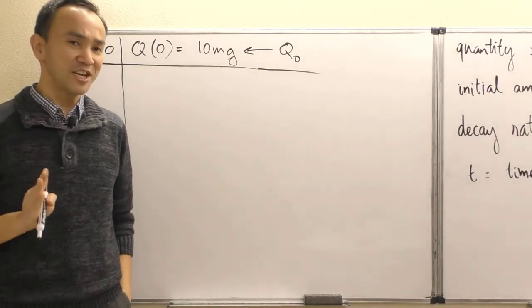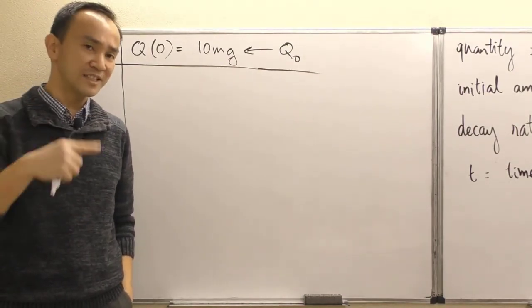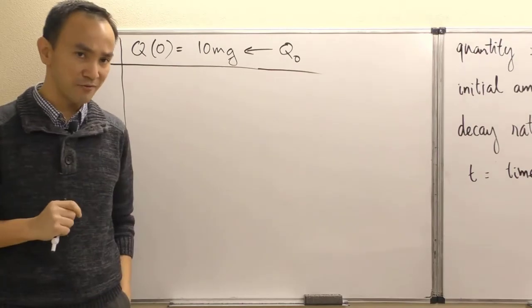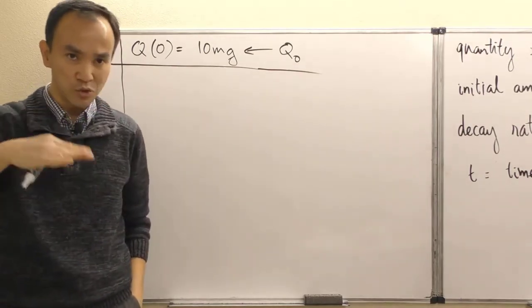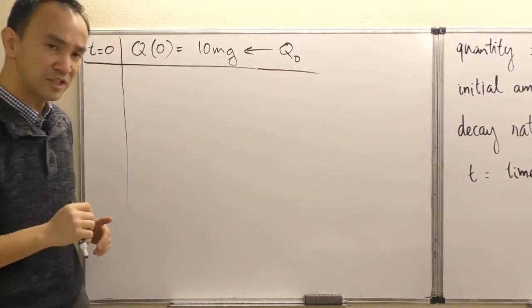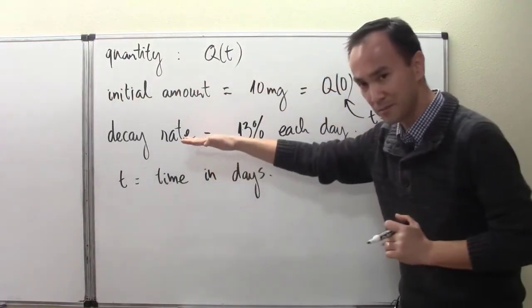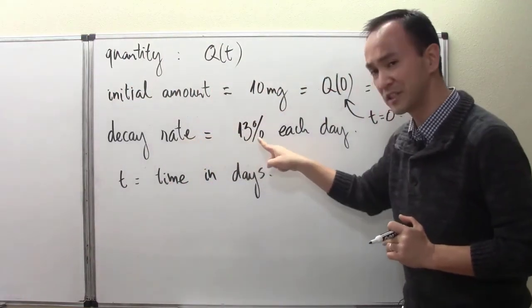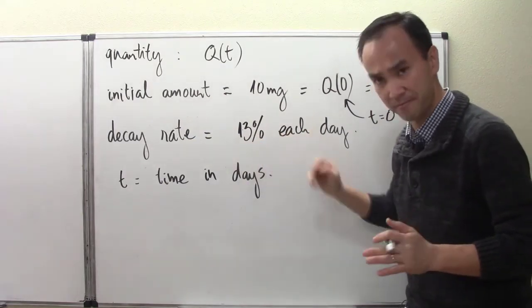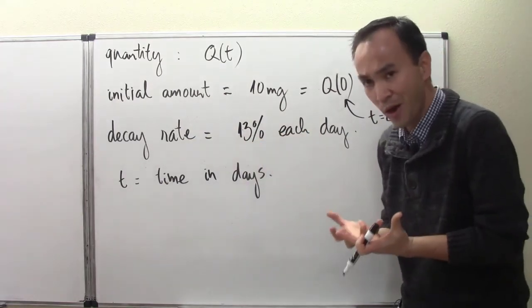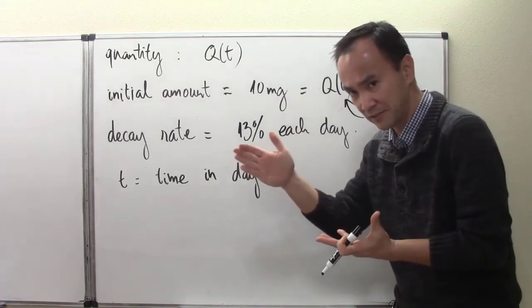Now we can start utilizing the decay rate in the problem. Decay means it's losing itself. The rate indicates that the quantity is losing 13% of itself each day.